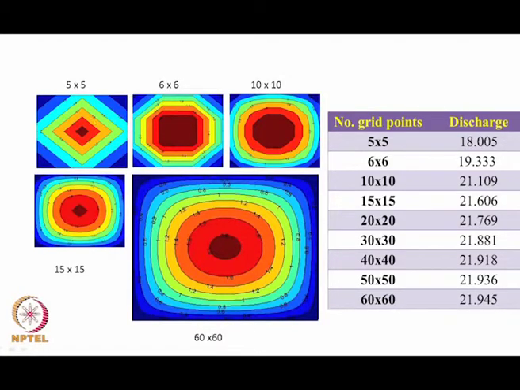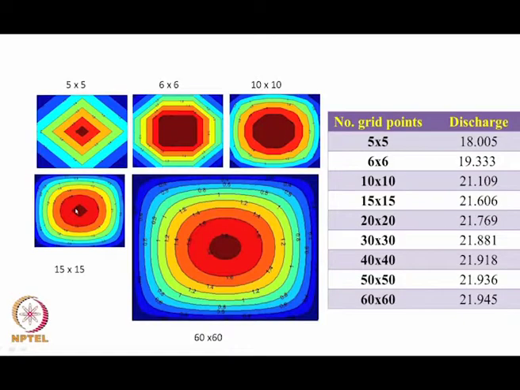And what we see here is that as we increase the number of cells, that is the number of grid points, the contour lines become very smooth. In all cases you see that the maximum velocity is at the center.